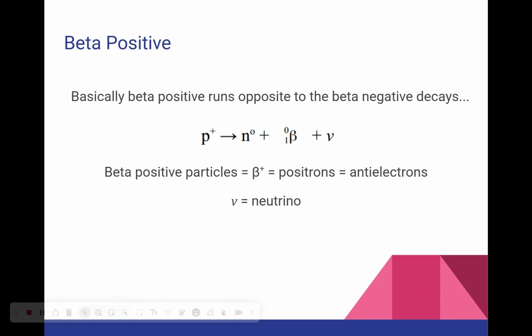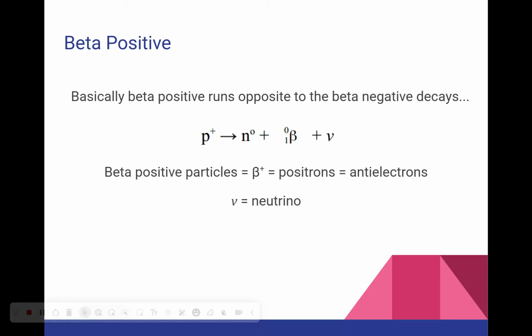If we use conservation of mass energy, that just means that energy somehow is coming into this system to allow additional mass to form. The important part, though, is the proton creates a neutron, the beta positive particle, and a neutrino. There's no bar above it, so it's a neutrino, not an antineutrino.